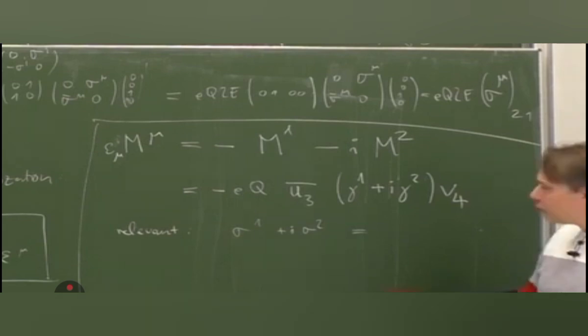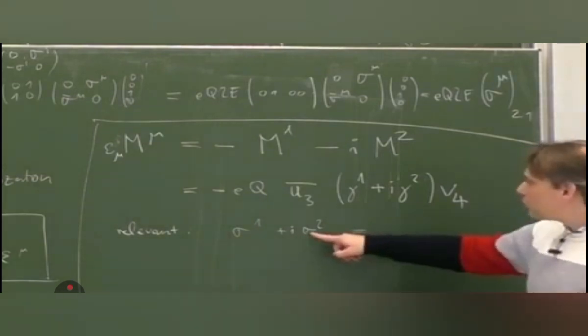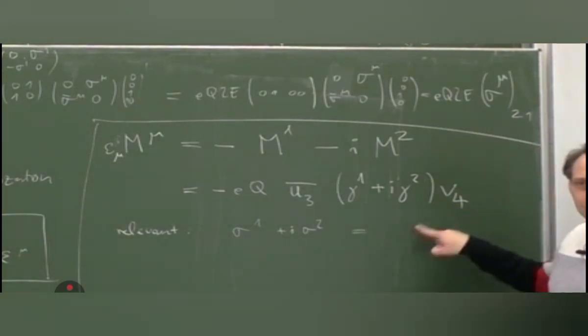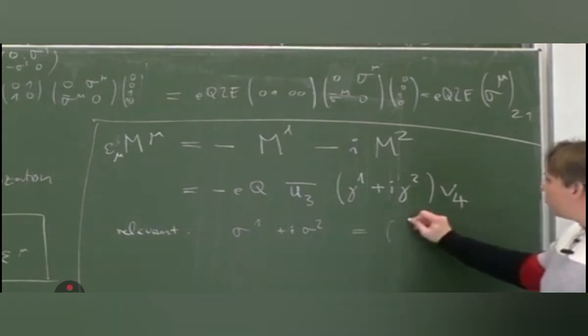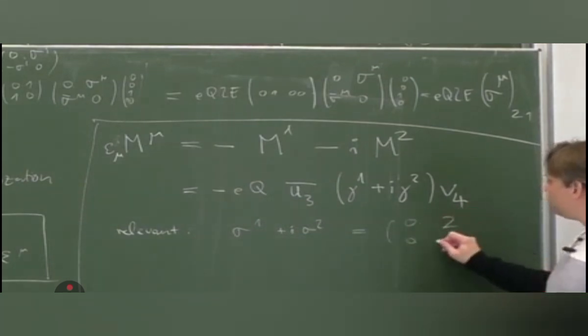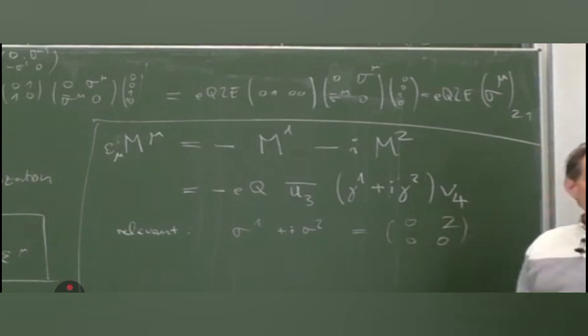And okay, so in the Pauli matrix sigma 2 you have minus i, plus i here. In sigma 1 you have 1, 1. So the sum is simply this. You have here a 2, and everywhere else we have a 0. That is the sum of those two Pauli matrices.